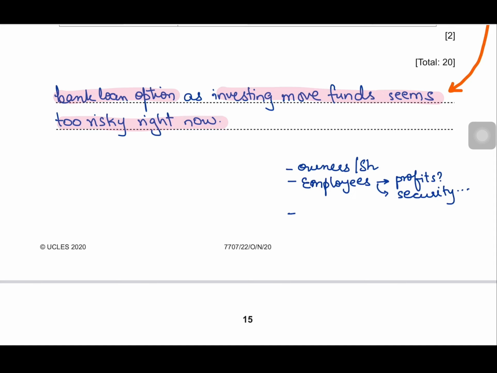So in other stakeholders, we will have suppliers to the business, right? Suppliers of the inventory. They would want to know whether again it is profitable or not, whether the business will be able to pay for the inventory, for the purchases on credit or not, and about the future purchases as well, whether it is secured or not.